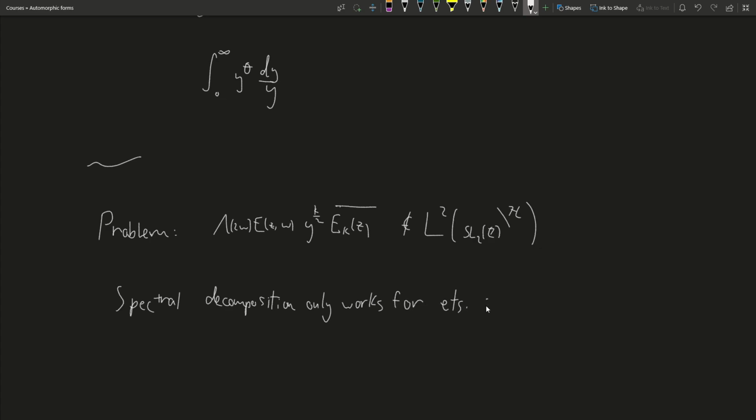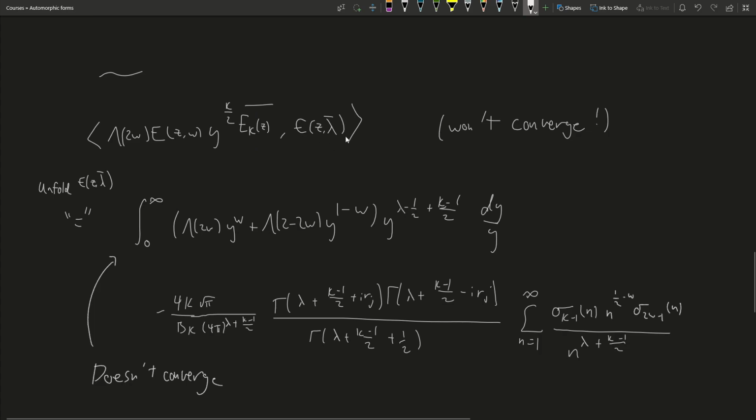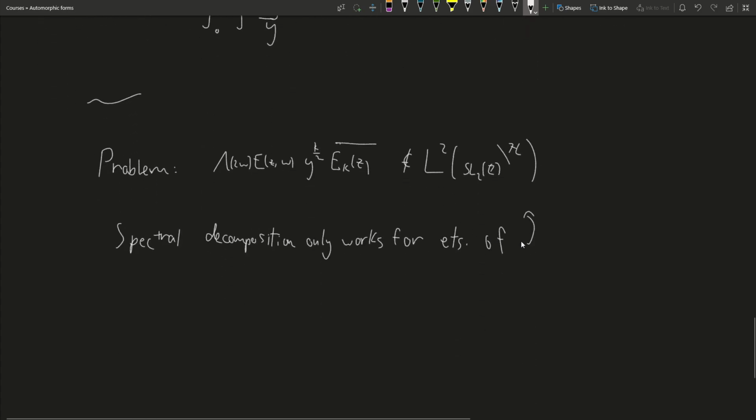Or, if you have a different congruence subgroup, then you have spectral decomposition there too. But the point is you need to be square integrable. And we just weren't square integrable, and this is a problem specifically for this inner product with the Eisenstein series, which diverges.